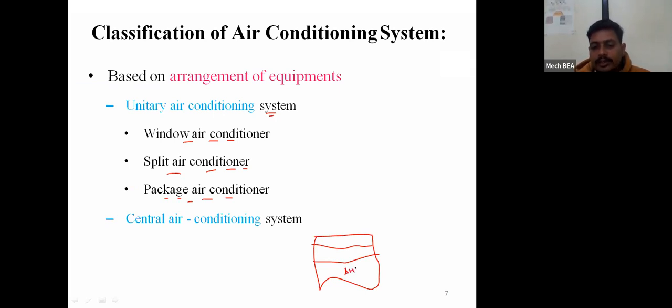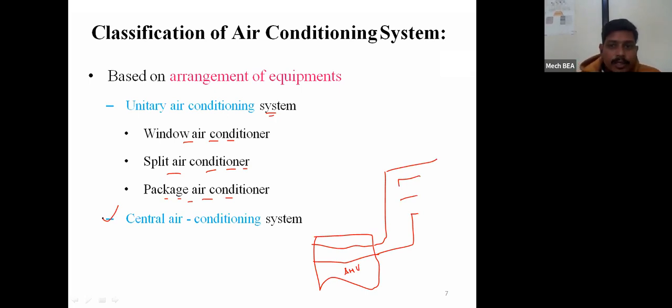That conditioned air will be circulated to different locations as well as different rooms with the help of a duct system. Such a system is called a central air conditioning system. The air conditioning systems you observe inside a mall, a cinema hall, as well as in the Vittal Mandir, are central air conditioning systems. Are you getting it?